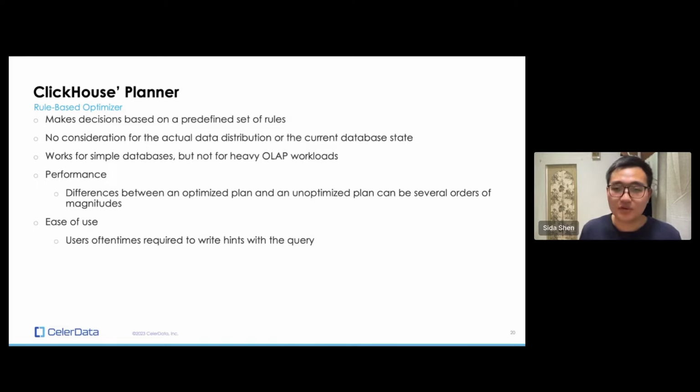So when you're using ClickHouse, if you're a ClickHouse user, when you write a query, oftentimes it requires you to write hints with the query, like what join algorithm to use, and requires you to order the tables in the right way so it runs the fastest.